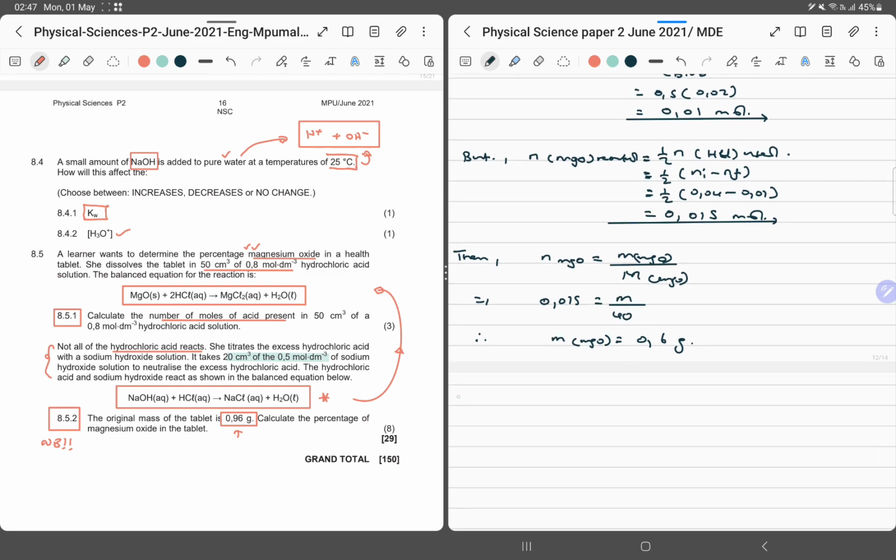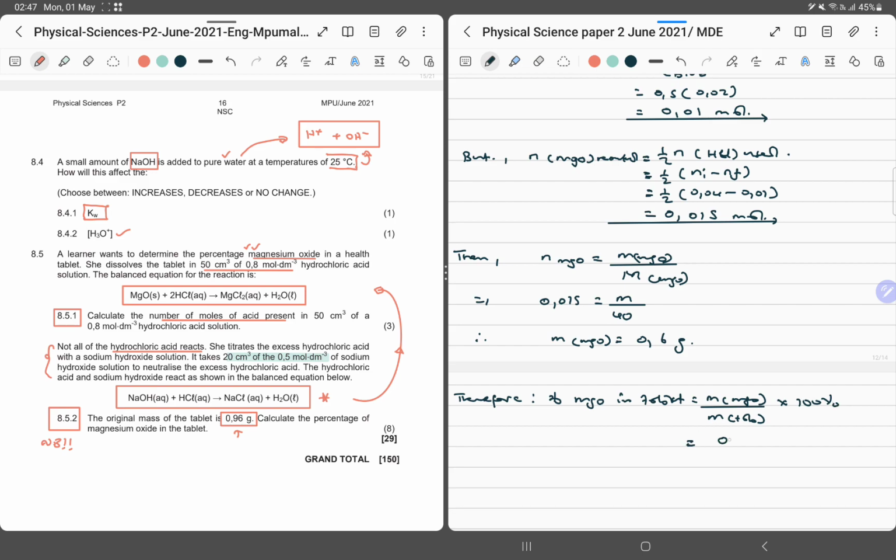We can say therefore, we know that the percentage of MgO in the tablet is equal to the mass of magnesium over the mass of the tablet times 100%.